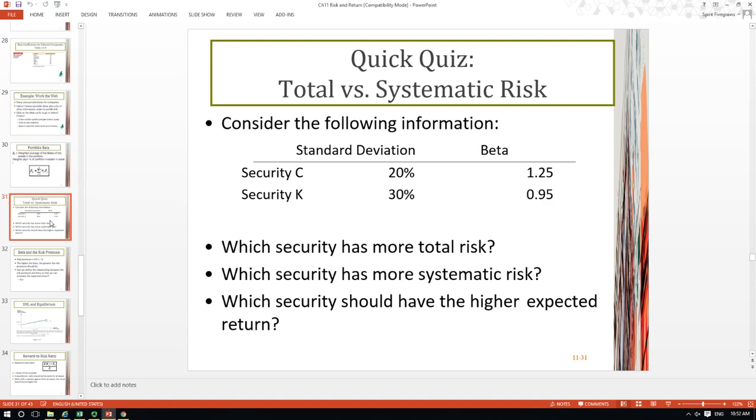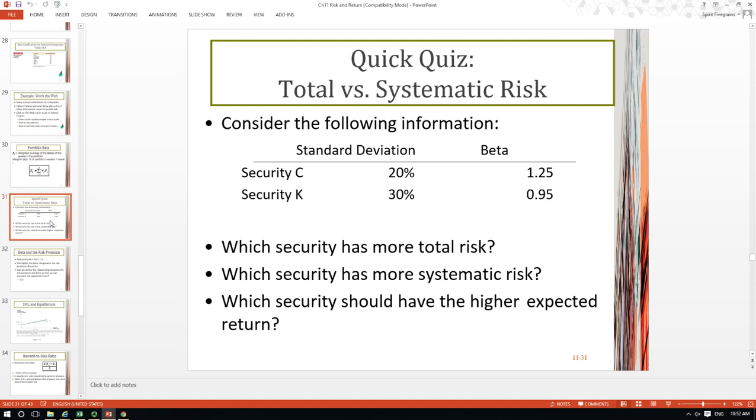But when you look at the beta, you see beta of security C is 1.25 and security K has a beta of 0.95. So essentially, you would say, hey, higher beta means higher risk, and C has higher beta, that means C is more risky than K, but based on standard deviation it is the opposite. So what's the problem here? The problem here is we need to distinguish systematic risk and unsystematic risk.